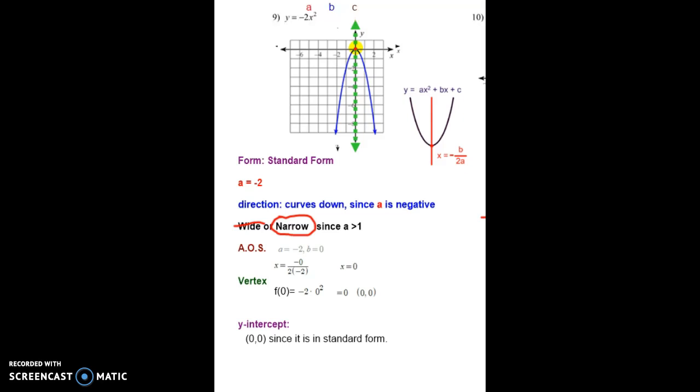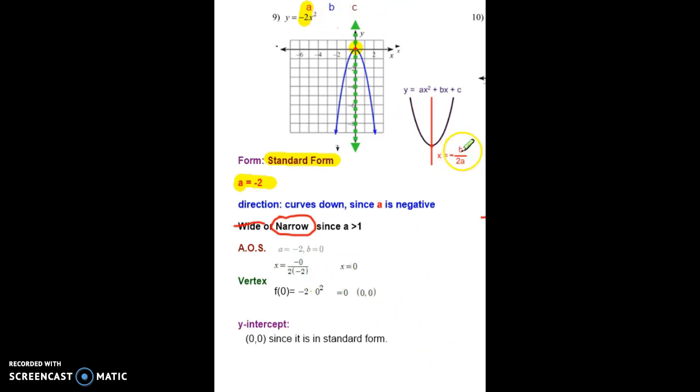In problem number 9, we're going to graph this. So my A is negative 2. I know this is going to curve down. This is standard form. So I am going to find my axis of symmetry, I'm going to plug in opposite of b. b isn't listed, so it's 0.